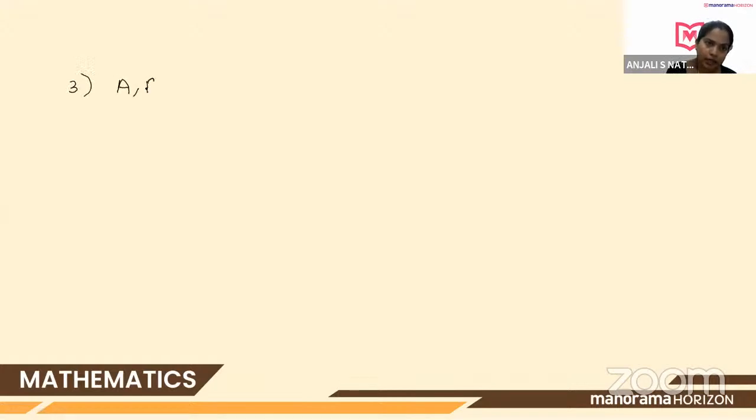A, B, and C. Okay, A, B, and C are the numbers, and the LCM of A and B is B.